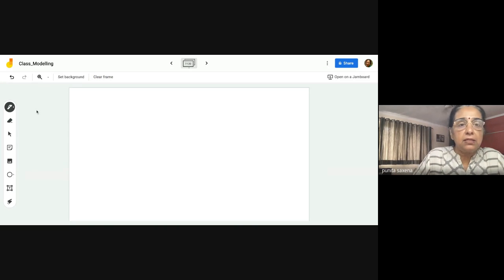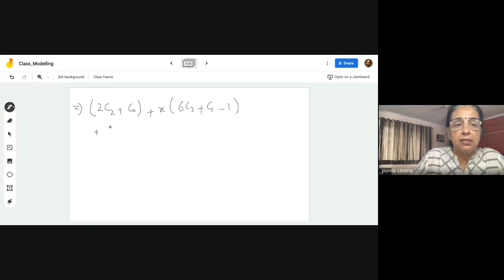So that means I'm going to get my first term will still be this 2c2 plus c0. My second term will still be this 6c3 plus c1 minus 1. But my this summation will now change from 2 to infinity.